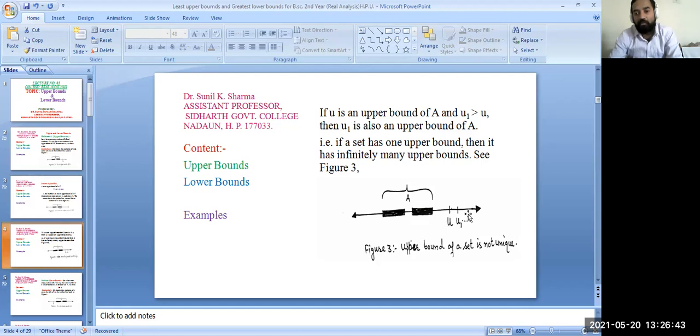If U2 is greater than U, then U2 is also an upper bound of this set A. U3 is greater than U, then U3 is also an upper bound. In this way we can find U1, U2, U3, U4 and so on, an infinite number of upper bounds of a non-empty set A. So it means the upper bound of a set, if it exists, is not unique.